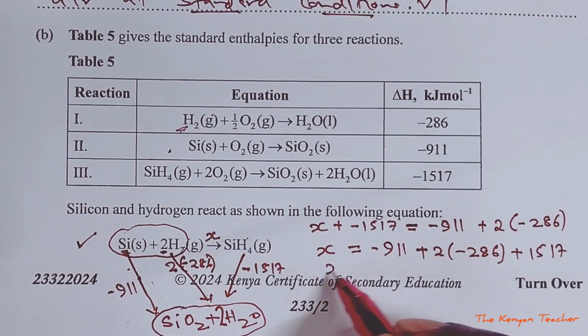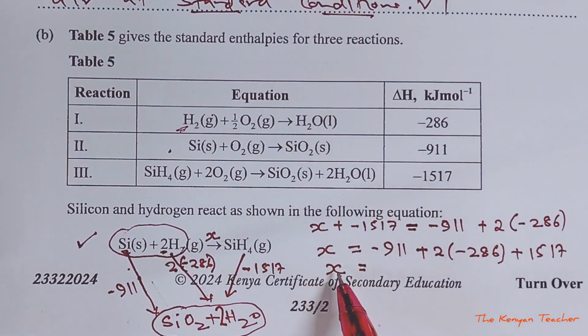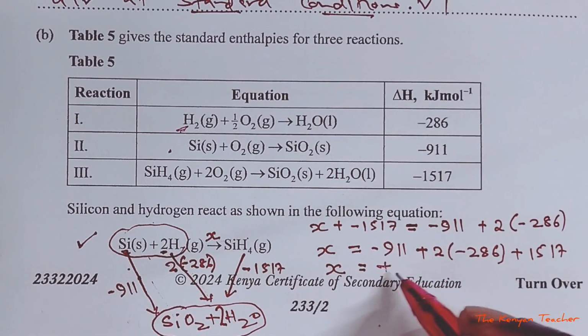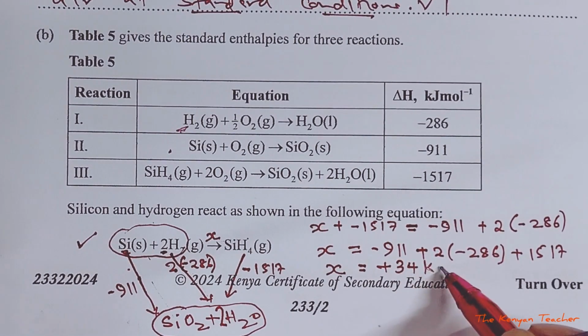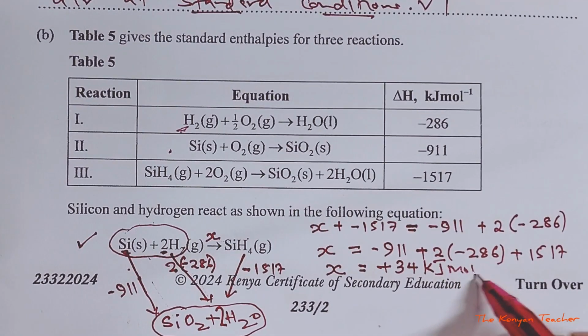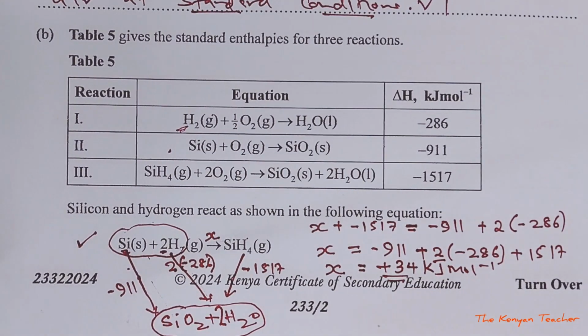If you have a good calculator, X, which obviously is the heat change involved in the reaction given down here, would be positive 34 kilojoules per mole. So this is what was expected to be calculated in question 6 part B. It is awarded 3 marks.